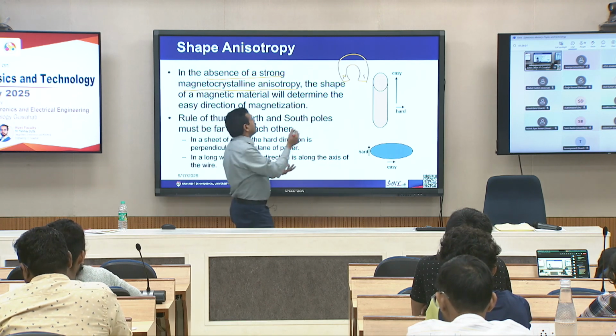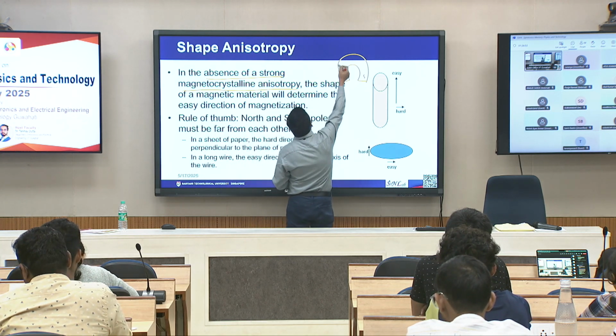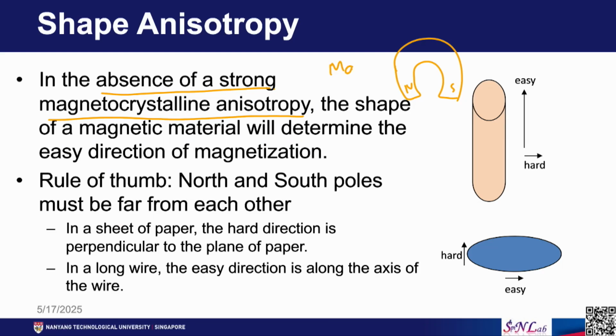At this point of time, when people made this kind of horseshoe magnets, the materials used for these magnets themselves have low anisotropy. So, they did not have a strong magnetocrystalline anisotropy, and they used this shape to create some anisotropy. So, the horseshoe magnet is one example of a magnet that uses shape anisotropy.